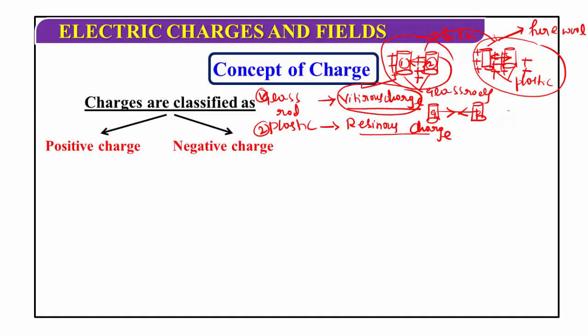They are called the positive and negative charges. According to the convention, the charge developed on a glass rod when rubbed with the silk cloth is called positive charge.